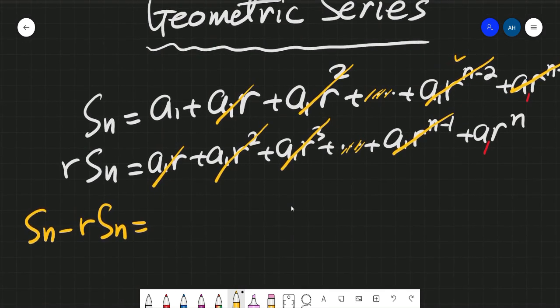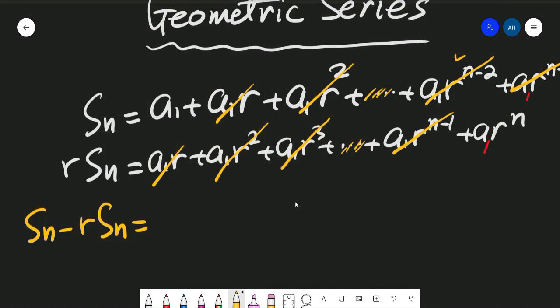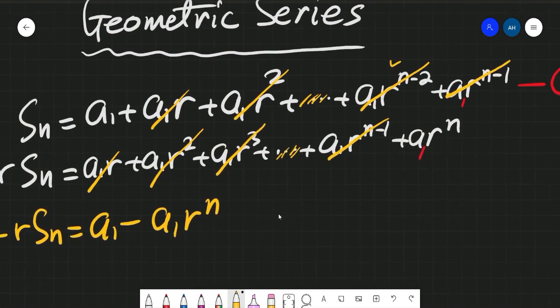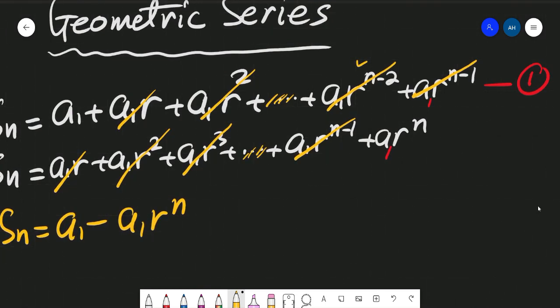After all this cancellation, on the right hand side we have a1 minus this last term, a1 r to the power n. We get negative a1 r to the power n because this time it is equation number 1 minus equation number 2.